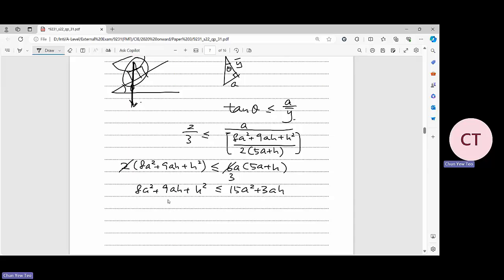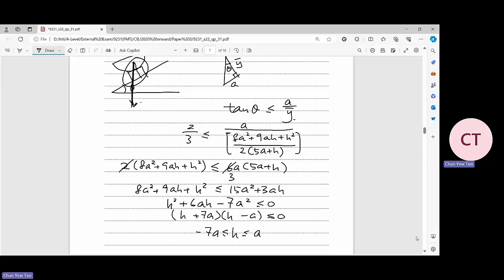Then you will get h squared plus 6ah minus 7a squared is less than or equal to 0. Factorize it: (h plus 7a)(h minus a). So you will get the answer that h is between negative 7a and a inclusive.